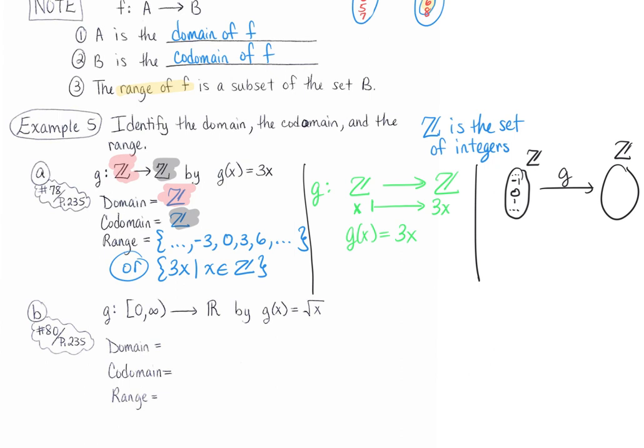But our range lives on the inside of the set of integers. It wasn't the entire set. It was only those integers that are multiples of 3.